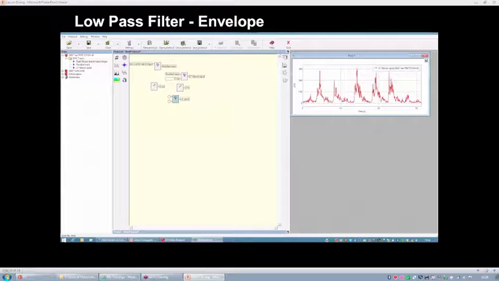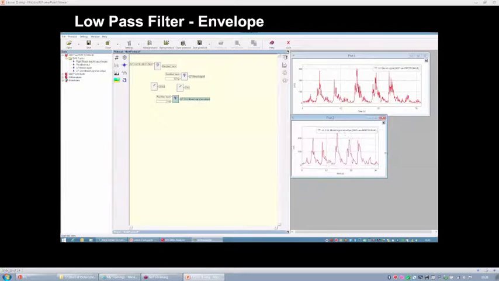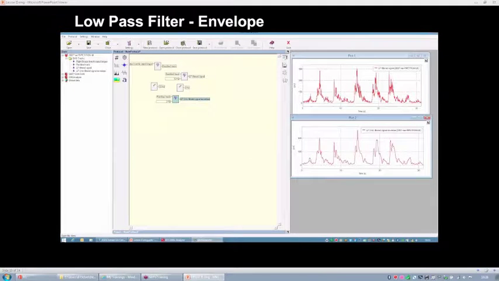Now, again, I have to use as the input the rectified track, and the second has to be the frequency. So as you can see, we get a more smoothing effect on the second envelope with respect to the first, because we have used a lower cutoff frequency. Good.